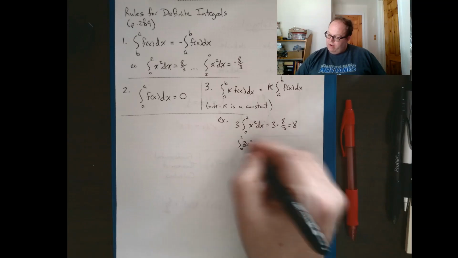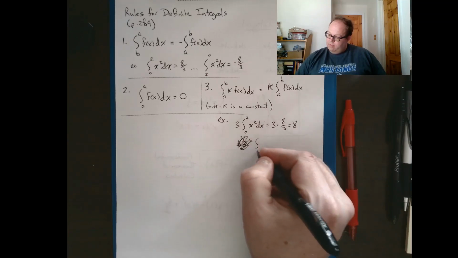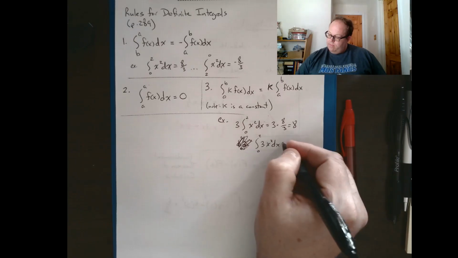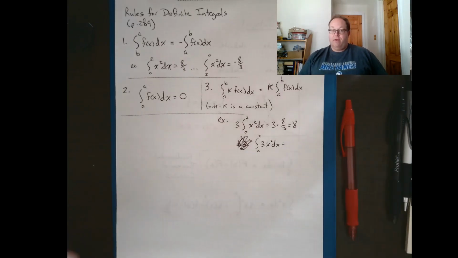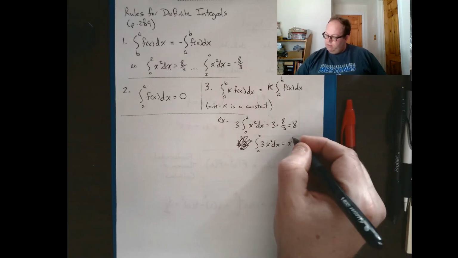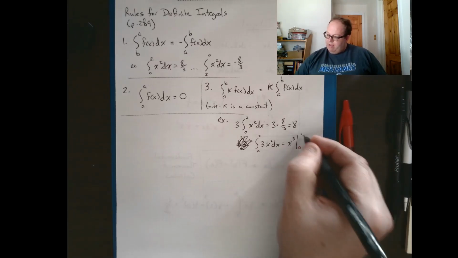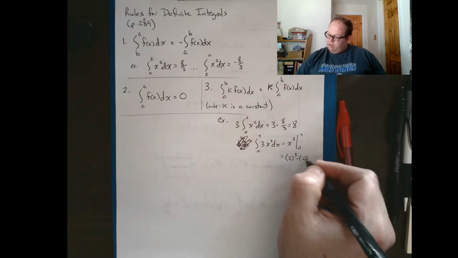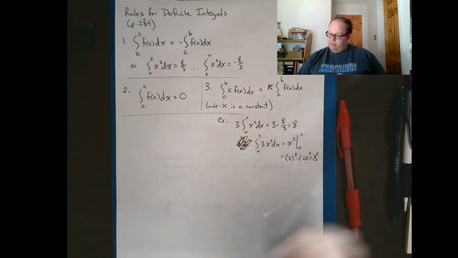I apologize for how messy this is. And if I went back, the antiderivative of 3x squared would just be x cubed. And if I evaluate that between 0 and 2, I would just end up with 2 cubed minus 0 cubed, or 8, the same result as I had before.